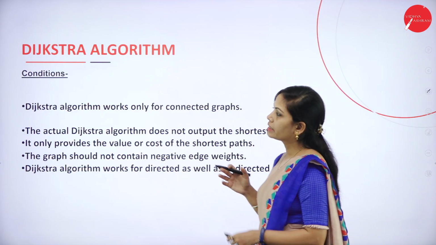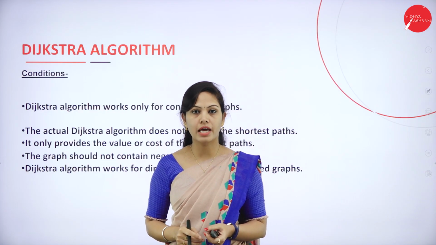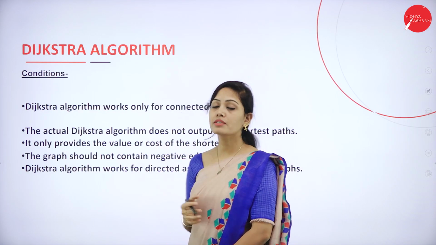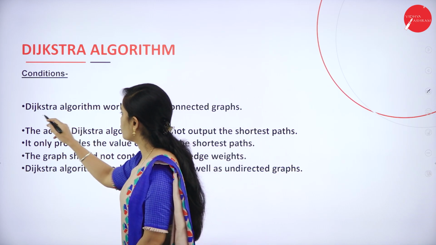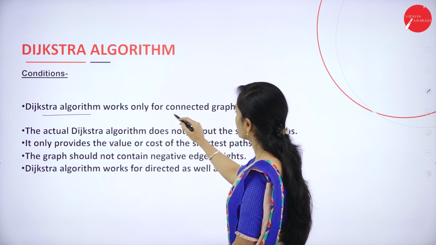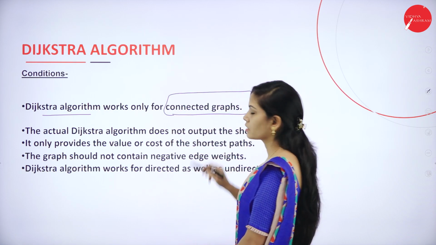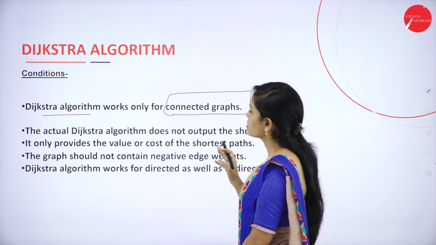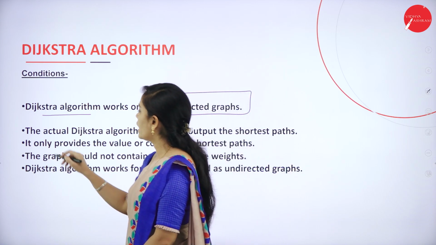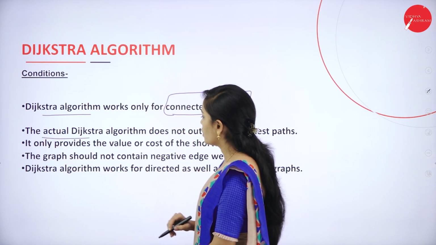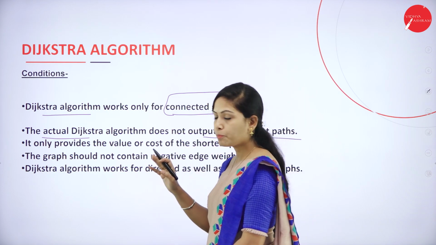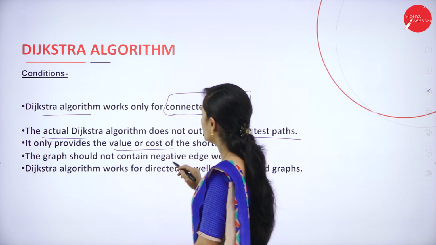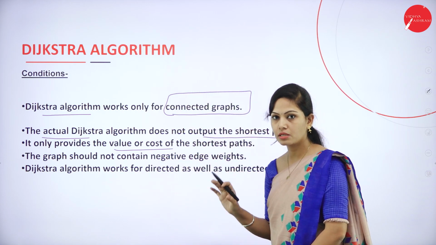And the conditions in Dijkstra's algorithm. Which conditions apply? Dijkstra's algorithm works only for connected graphs. Clear? The actual Dijkstra's algorithm does not output the shortest paths. It only provides the value or cost of the shortest path.